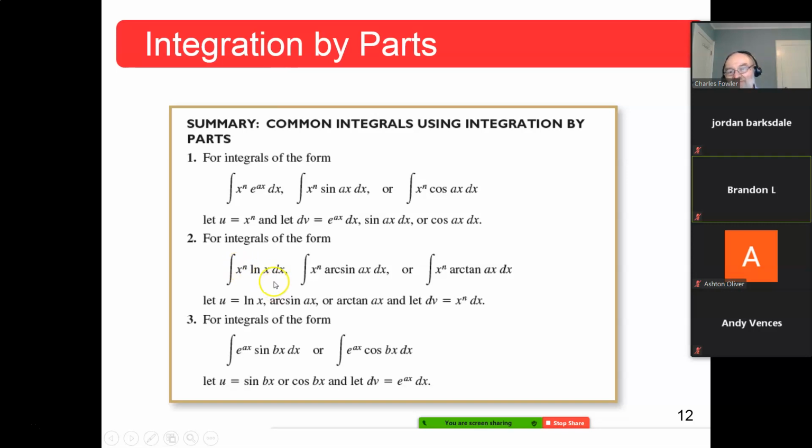So here, this is going to be your u, and this is going to be your dv. Okay, sure, this is going to get worse, but the thing is, the derivative of log x is 1 over x, so that's going to wipe out one of the x's you just picked up. So that works okay. This arc sine, same type deal there.